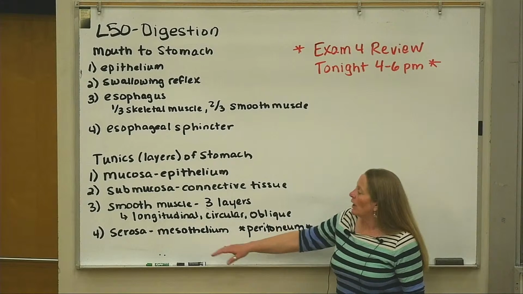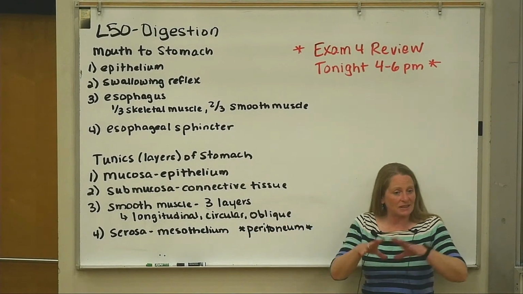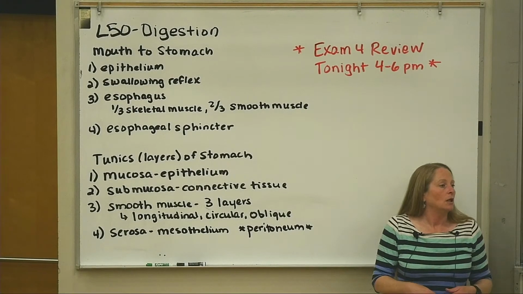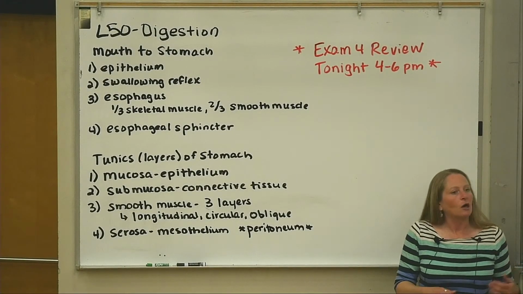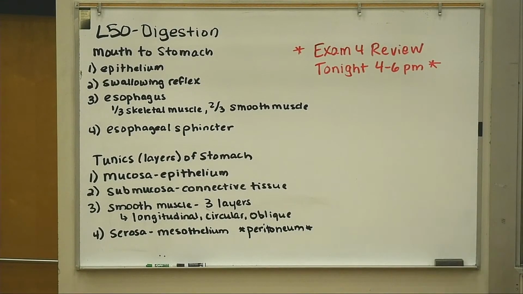Outside of that, we'll have a serosal layer. It's mesothelium, the same thing we've talked about, that balloon that you grow the organs into. That was pericardium on the heart, pleura on the lungs. Here it's peritoneum, but it's still going to have the same visceral and parietal layers.